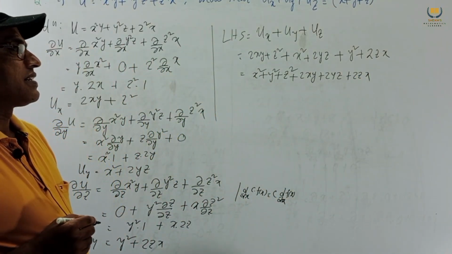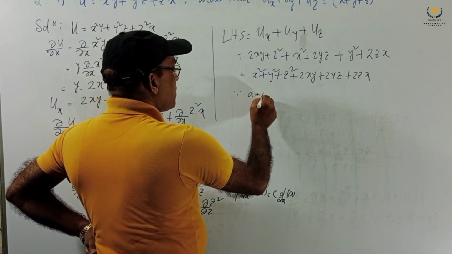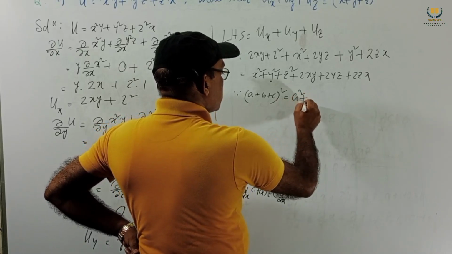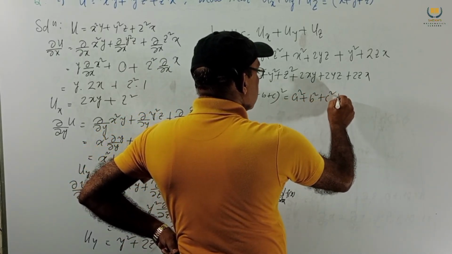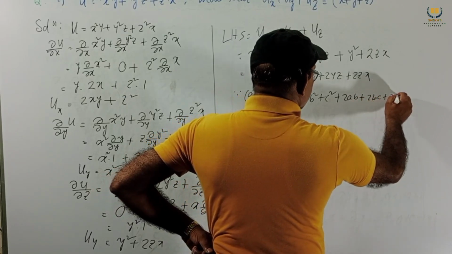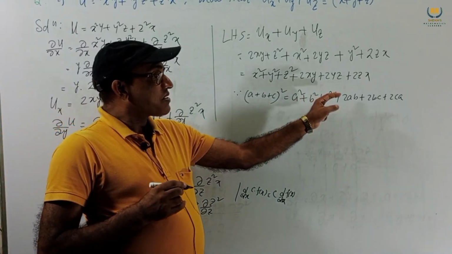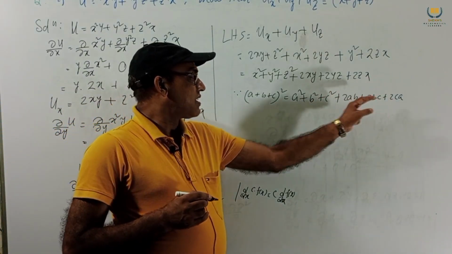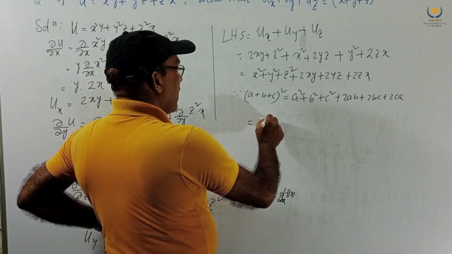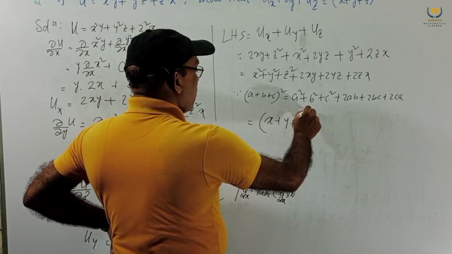We get this. But we know this formula. This is a plus b plus c whole square, which will be a square plus b square plus c square plus 2ab plus 2bc plus 2ca. We know this formula. So this will be x plus y plus z whole square.